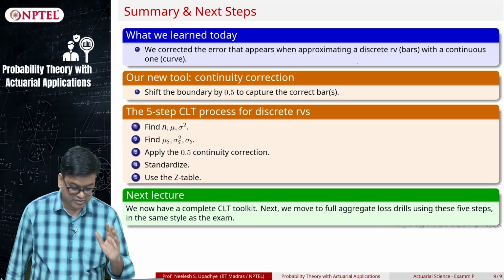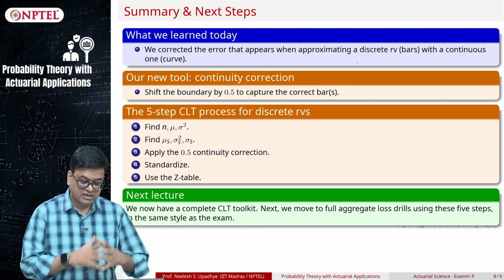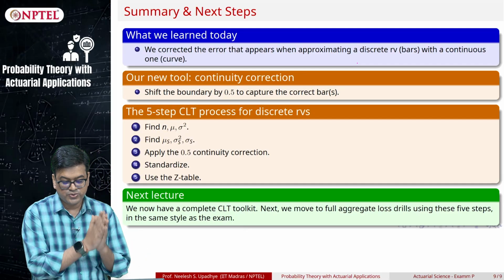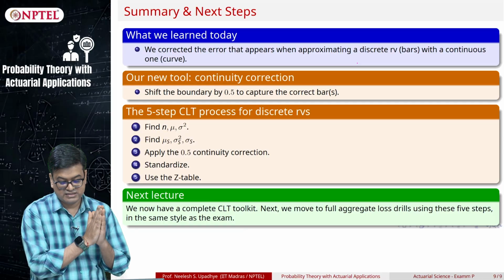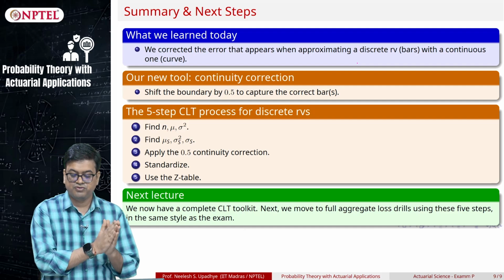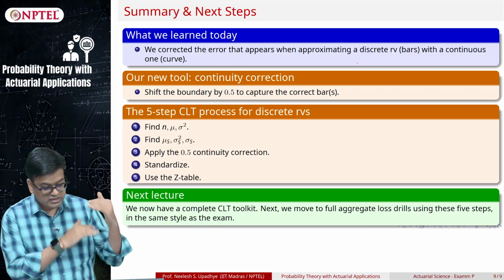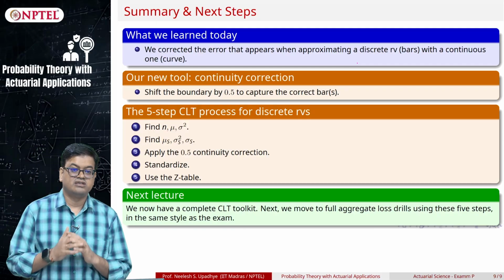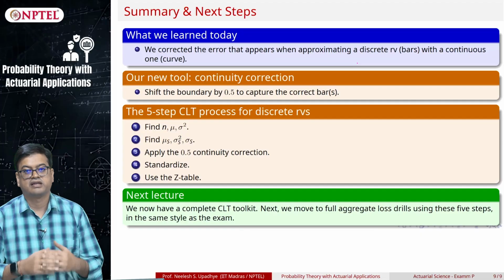Algebra is very important. So, what we now have with this lecture is a complete CLT toolkit. With that CLT toolkit we will move to full aggregate loss drills using these 5 steps and solve some exam style problems in upcoming lectures. Thank you.